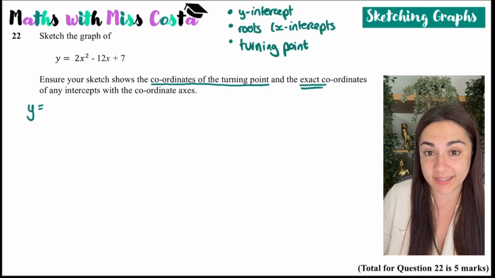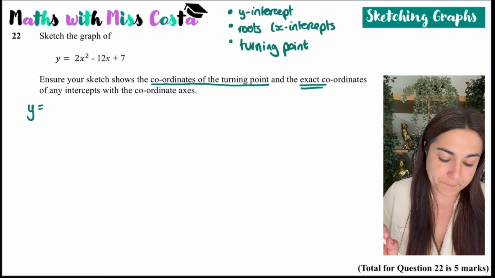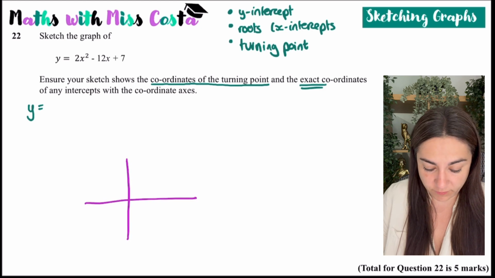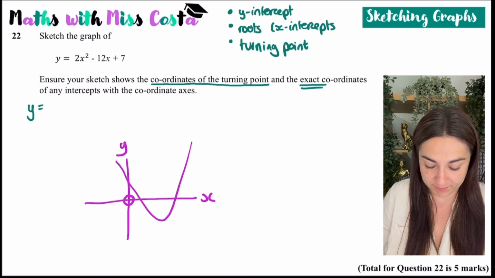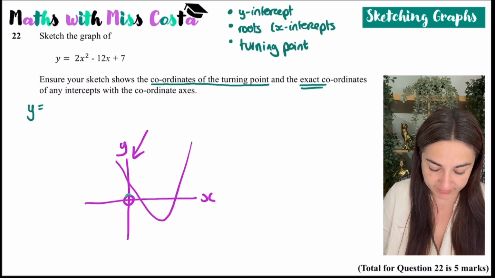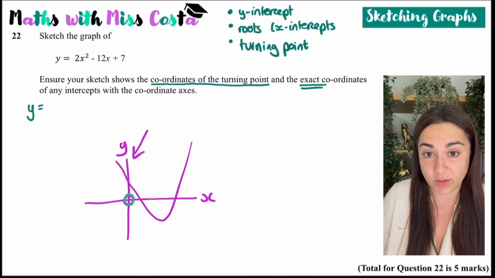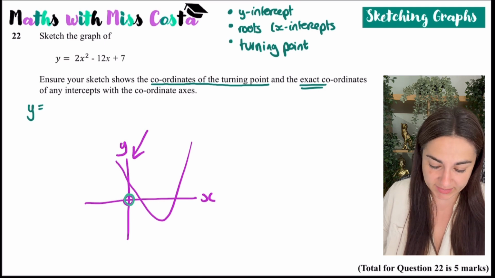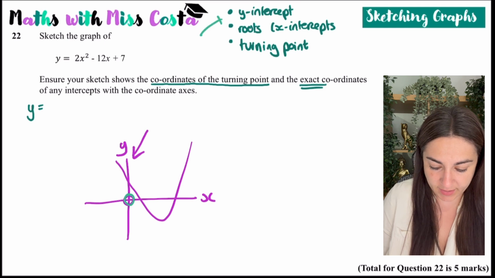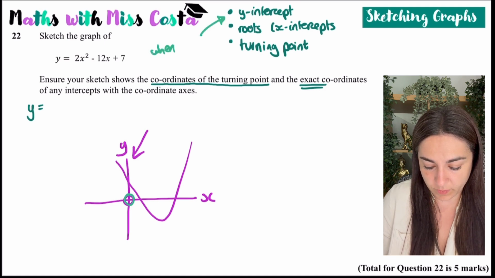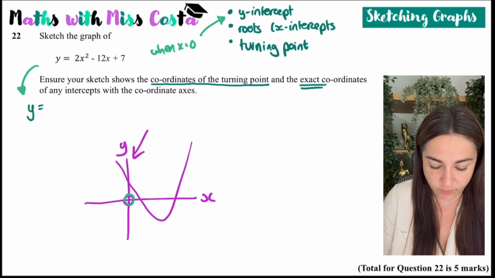So the y-intercept is essentially when you've got a coordinate axis, your y-axis is here, your x-axis is here, and your y-intercept is where the graph crosses the y-axis. So anytime it crosses the y-axis, the x-coordinate is going to be 0. So to figure out the y-intercept, it's when x is 0, so let's substitute 0 into the quadratic.